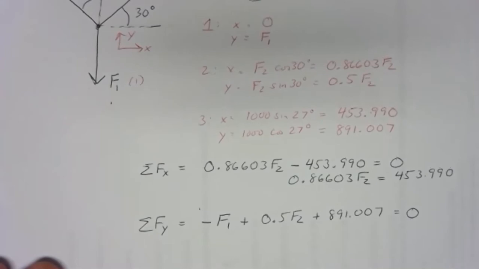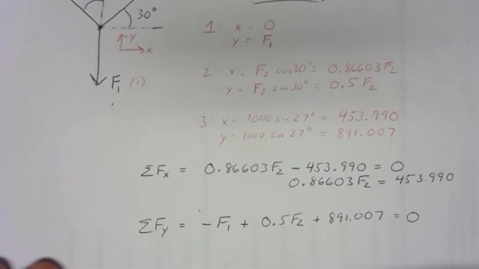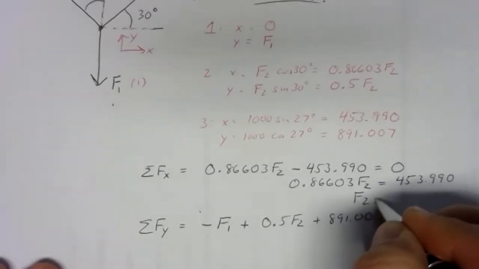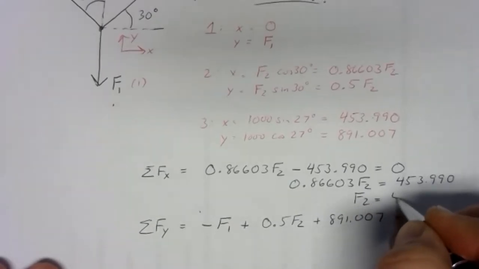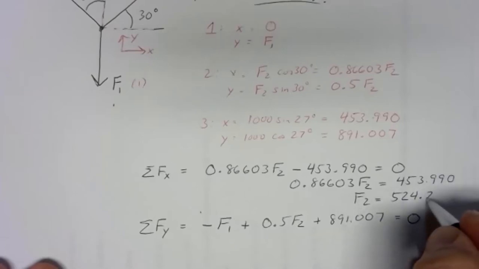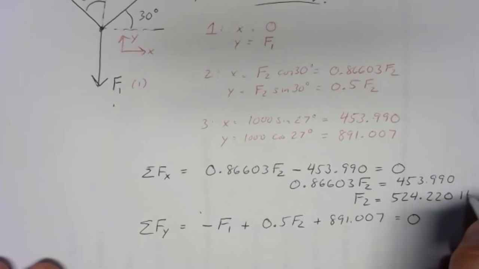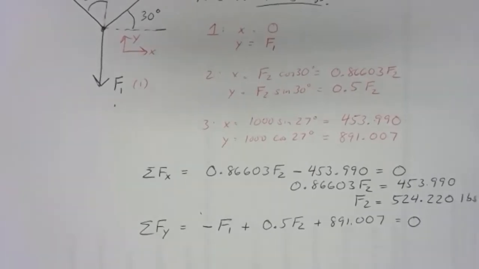So we'd take 453.990, divide it by 0.86603, and we'll get 524.220. So F2 is 524.220, and that is pounds.